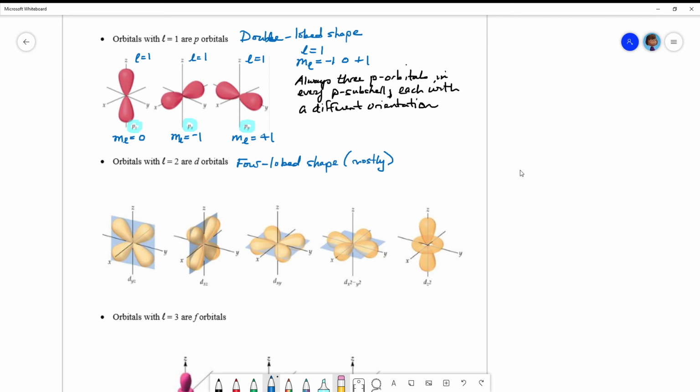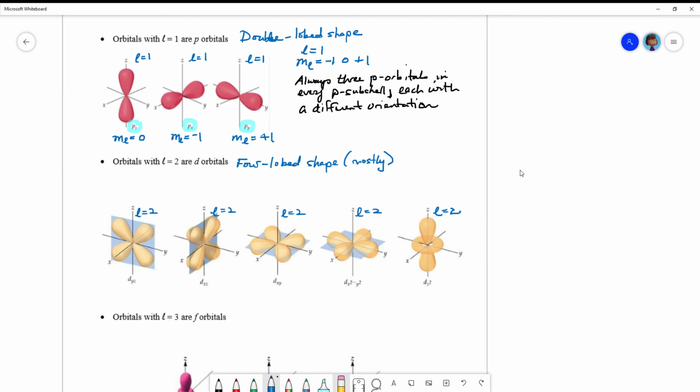Okay, well, once again, all of these orbitals are L equals 2 orbitals. This is L equals 2, L equals 2, L equals 2, L equals 2. Even this rather strange looking one here is L equals 2.